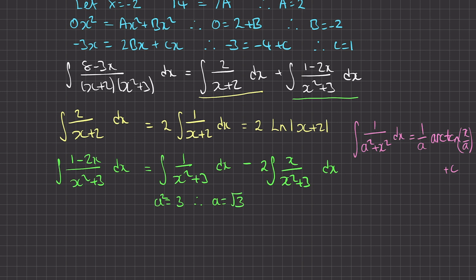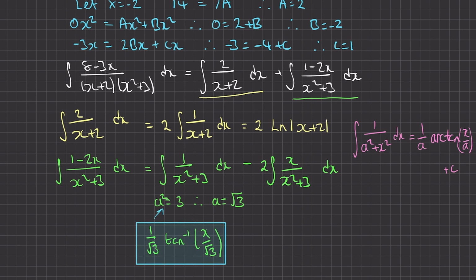And now I can substitute this value of a into this formula here. So this becomes 1 over root 3 arctan of x over root 3. The constant I'll carry on at the end. So I'm just going to put a little box around that so I don't forget. And that's the integral of this part here.